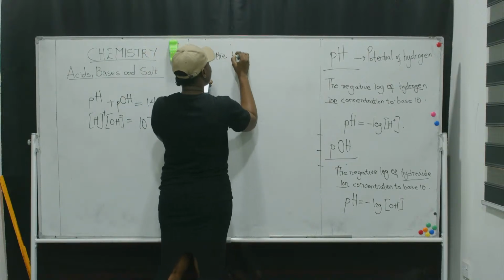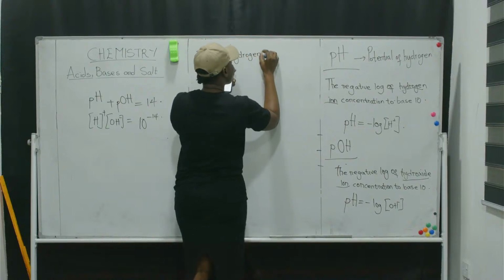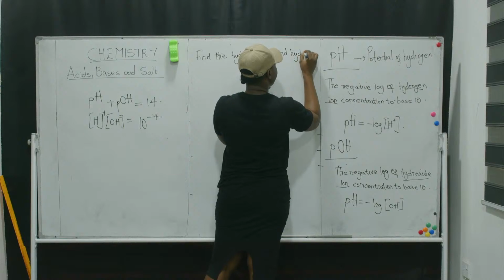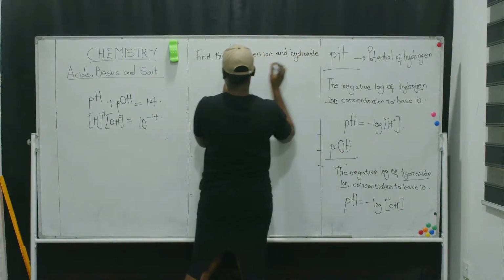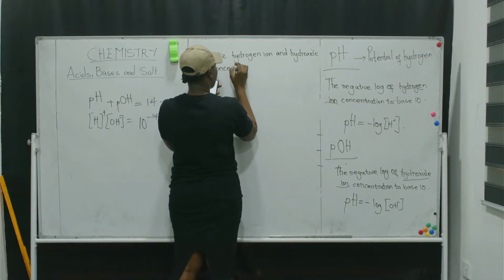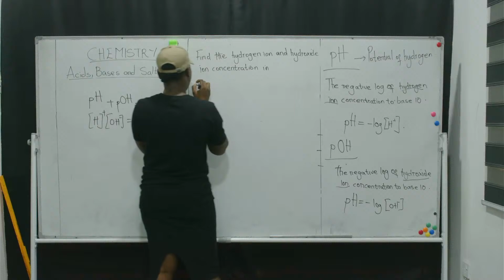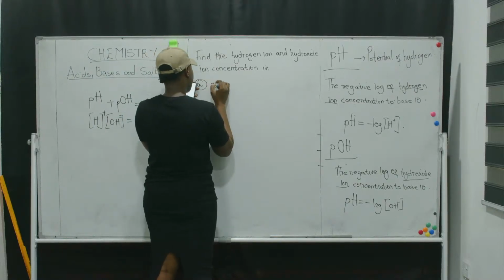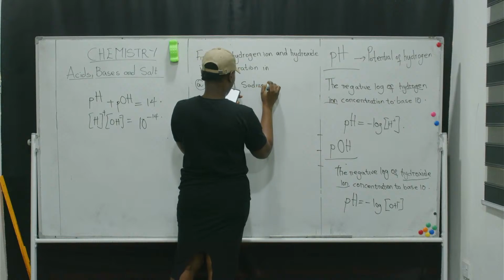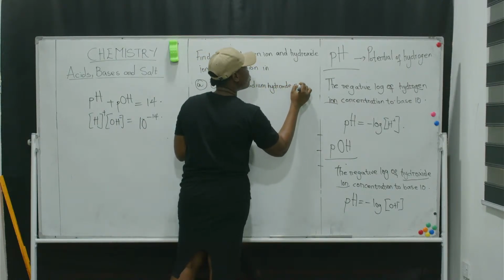Find the hydrogen ion and hydroxide ion concentration in a, 0.001 molar sodium hydroxide solution.